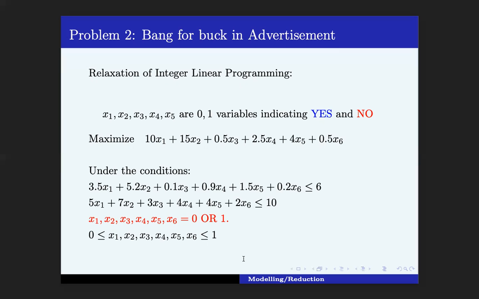Now, those things don't make any sense, because we are not expected to output invest in 0.7 of the World Cup. The World Cup doesn't give us that liberty. So how do I then solve it?